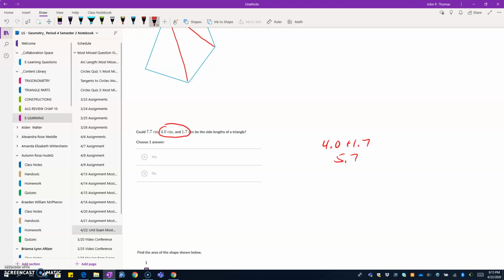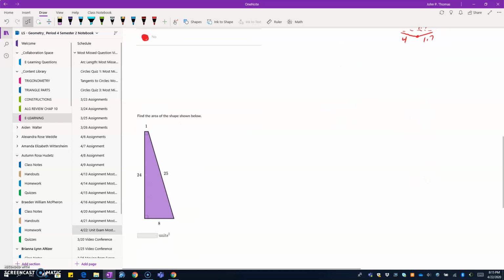So there's absolutely no way that I can connect those with a 7.7 side. Even if I get a little bit of an angle here, with this being 4 and this being 1.7, there's no way that last side could be 7.7. That's a no-go. So this one is a no.